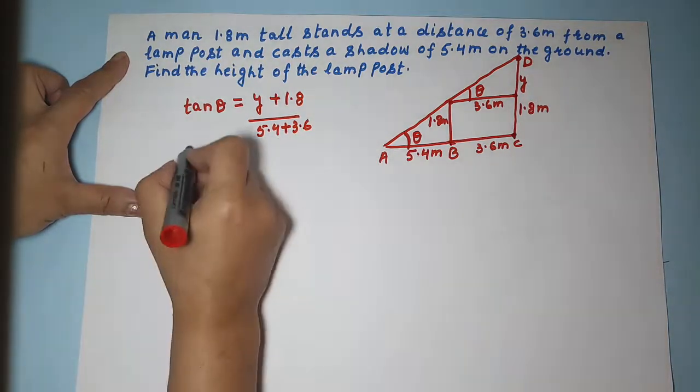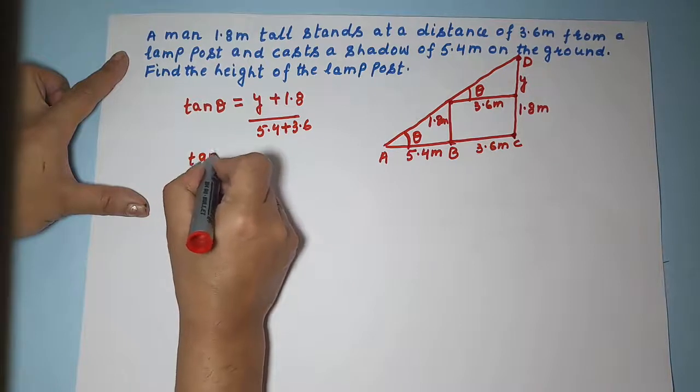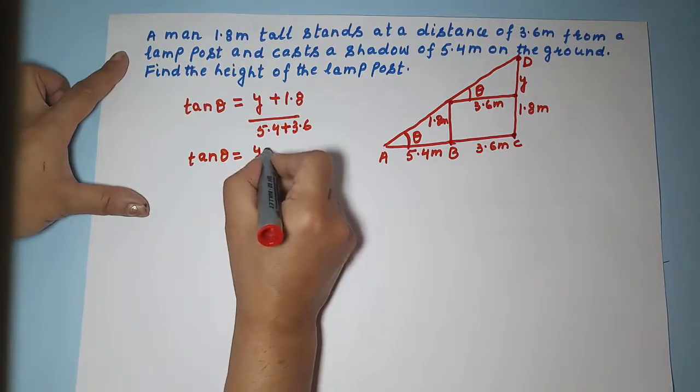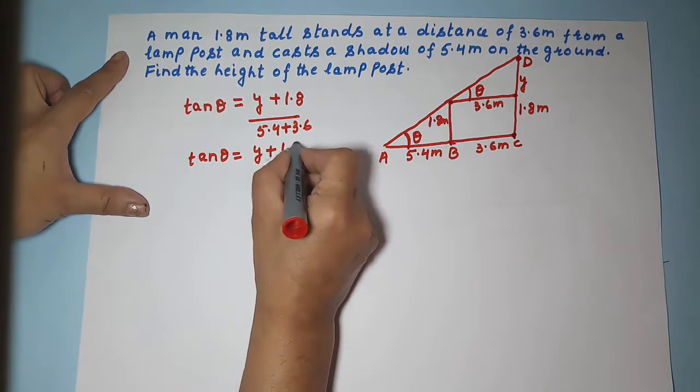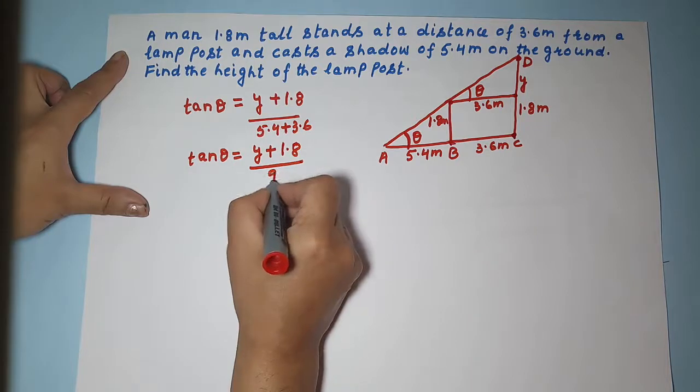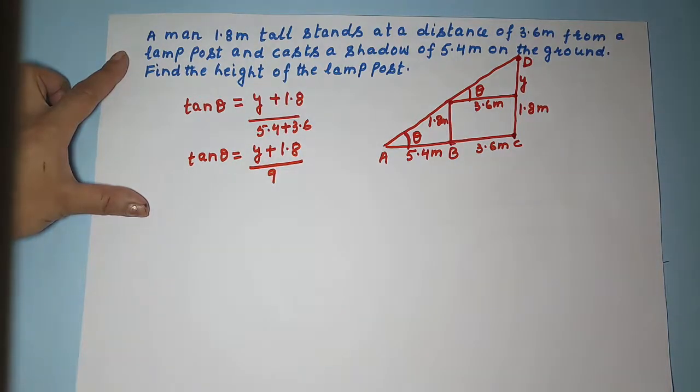So my tan theta will be Y plus 1.8 upon 9. Let me keep it as it is.